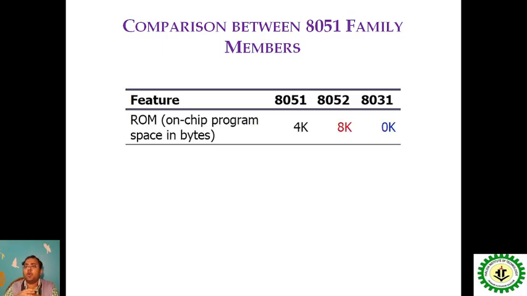First, the on-chip ROM size. In the case of the 8051, as we already observed, there is 4 kilobytes of on-chip ROM inside the microcontroller. In the case of the 8052 microcontroller, it is 8 kilobytes, just doubled. The 8031 microcontroller is very interesting: there is 0 kilobytes of on-chip ROM, which means no ROM is there.